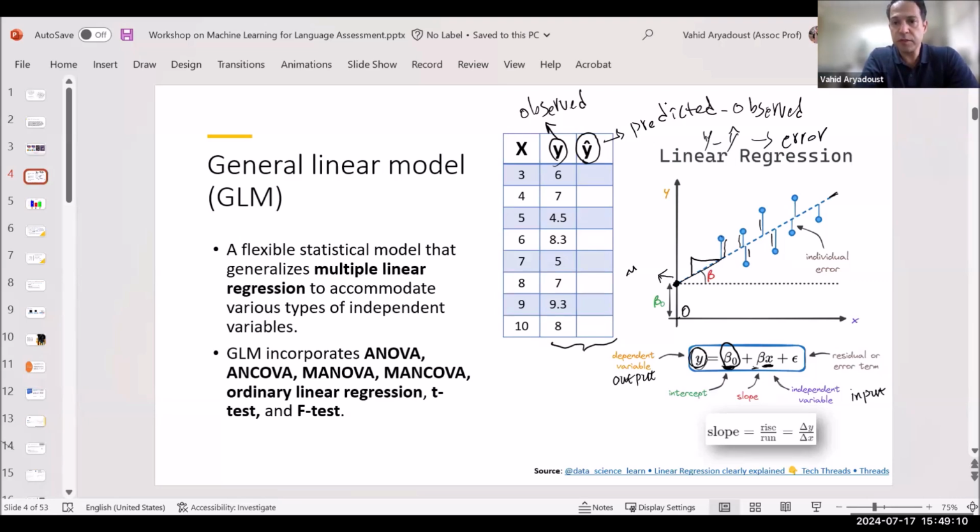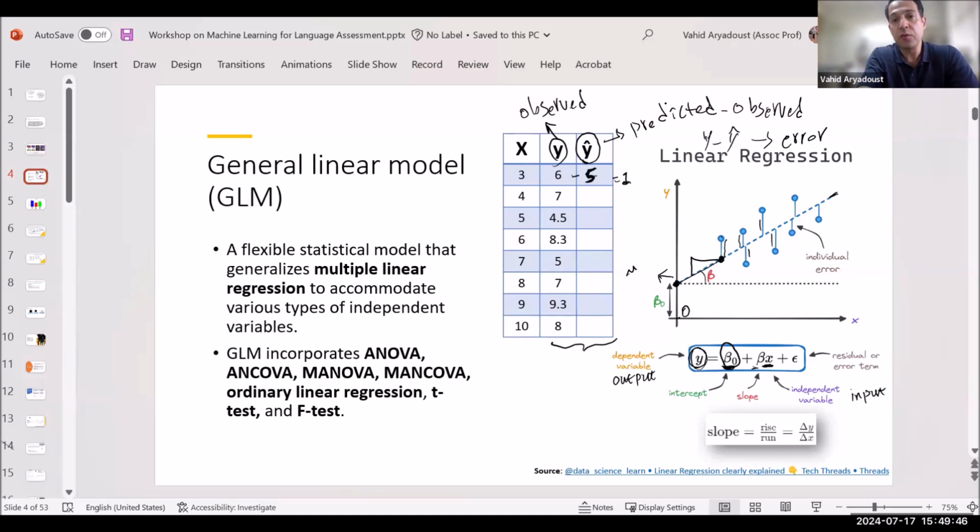Now, this represents the first point, but the y hat that is predicted is right here, on the line. So there's a distance between these two. Let's say the y hat here, instead of 6, is around, let's say 5. I may not be very accurate about this, it's not to scale, but let's imagine this is 5. Now, 6 minus 5 gives us 1, and this 1 is the amount of error just for this data point.